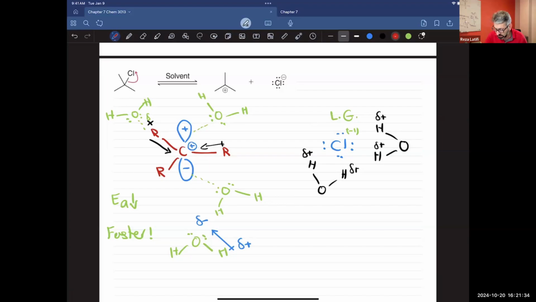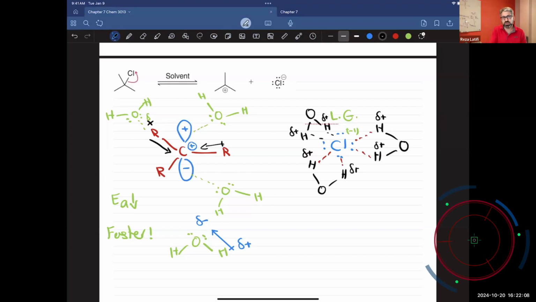Those hydrogens can have interaction with the lone pairs and make chloride stable, or reduce the negative charge on the chloride. Again, we have interaction here. So a water molecule or polar solvent can stabilize both the intermediate and the leaving group. If that's the case, then this dissociation reaction is going to happen faster. And that's the reason a polar solvent will speed up an SN1 or E1 chemical reaction.